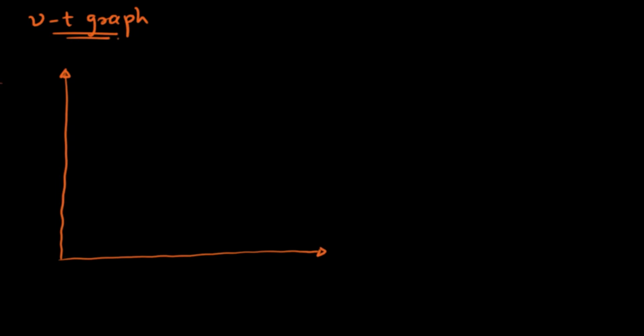So let me start by putting the time on the x-axis and the velocity values on the y-axis. 1, 2, 3, 4 meters per second. That tells you that I'm plotting v on the y-axis, and that's 1, 2, 3, 4, 5 seconds, and that's time on the x-axis.